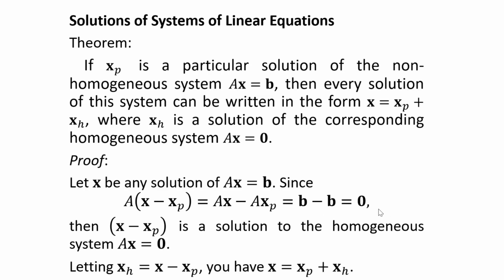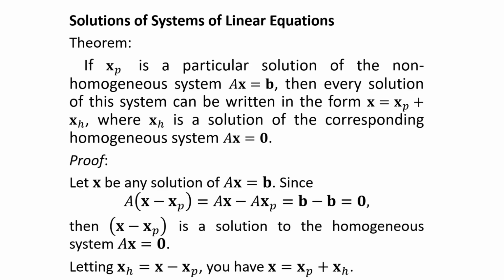So b minus b is equal to 0. So we have here A times (x minus x sub p) equals 0. Then we say that x minus x sub p is a solution to the homogeneous system Ax equals 0. And by letting x sub h equal to this solution, then you transpose this to the other side, so you can have x equals x sub p plus x sub h.